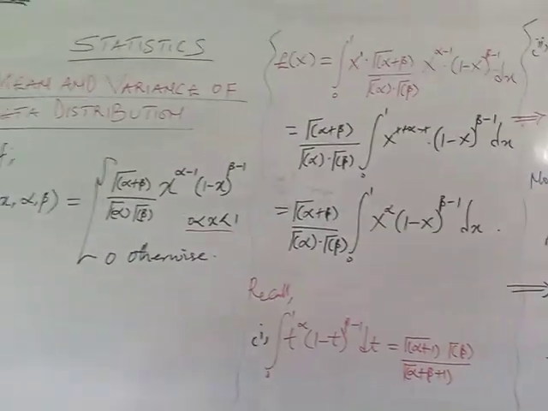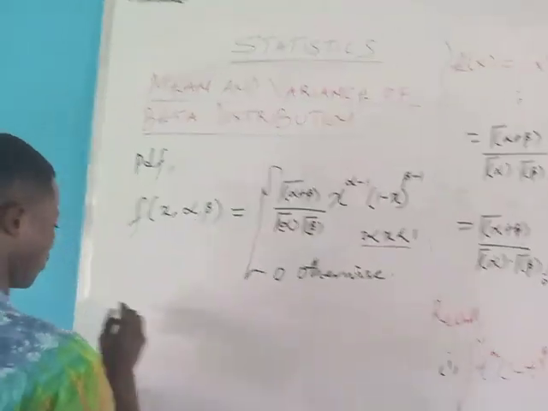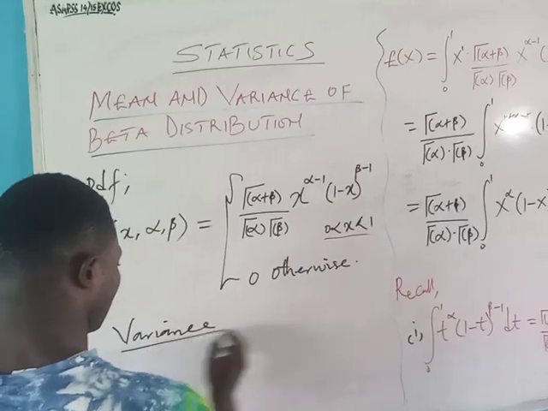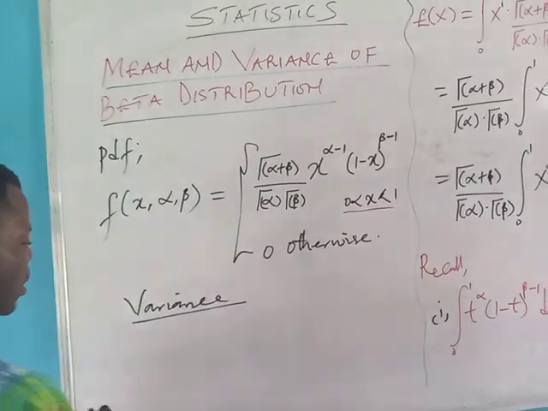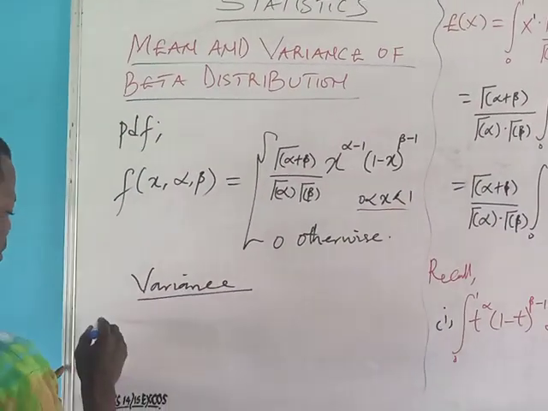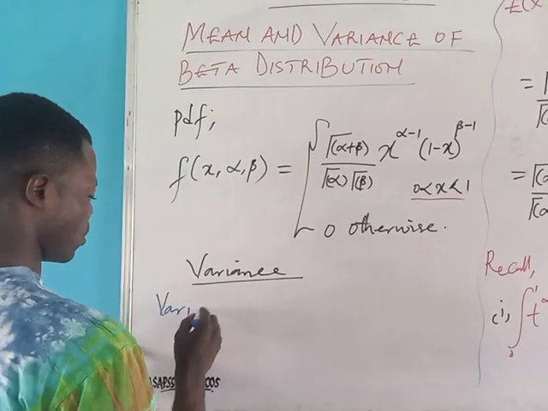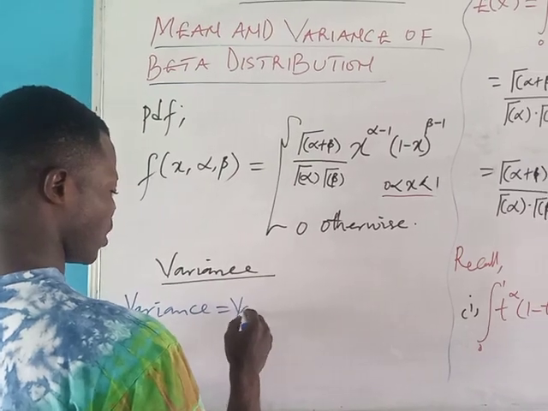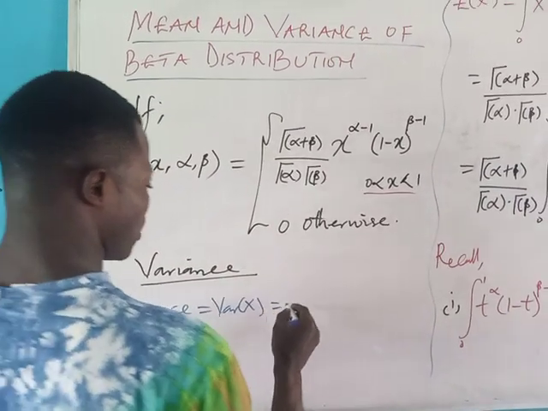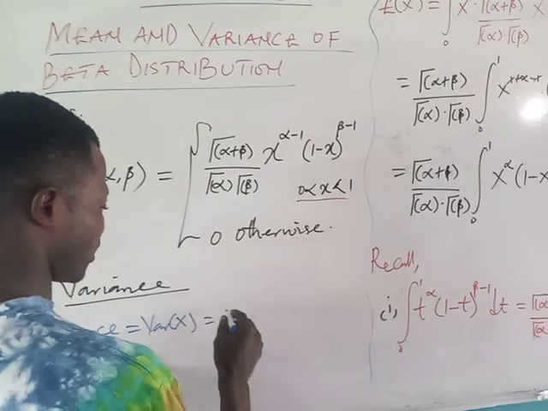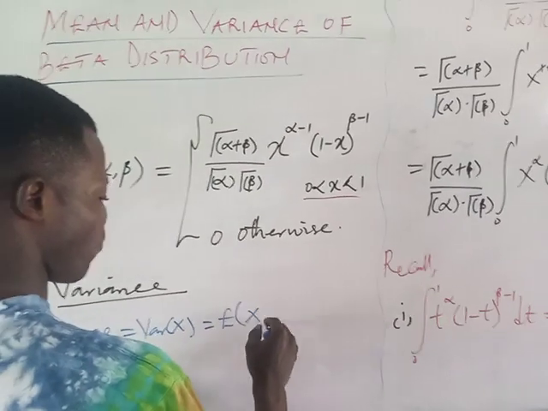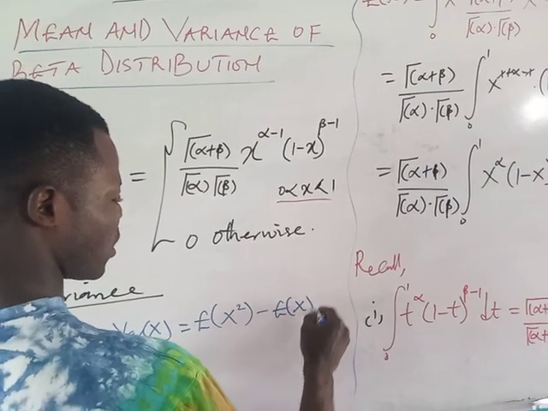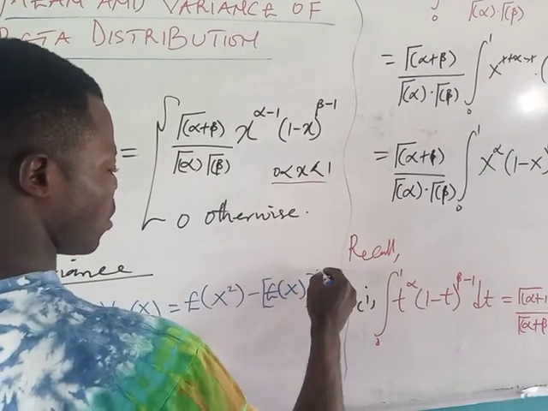To prove the variance, we note that the variance of x is given by the expected value of x squared minus the expected value of x squared.